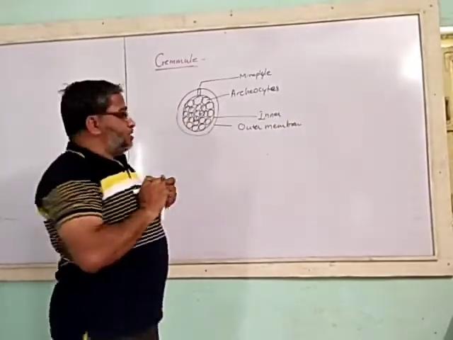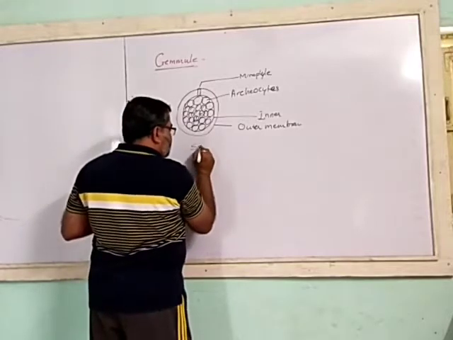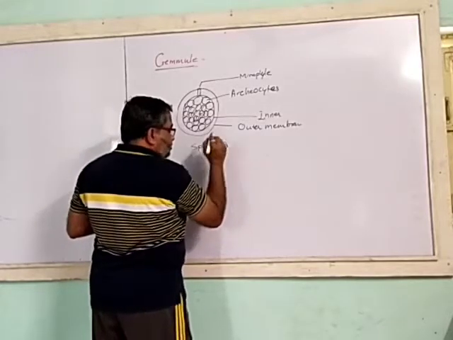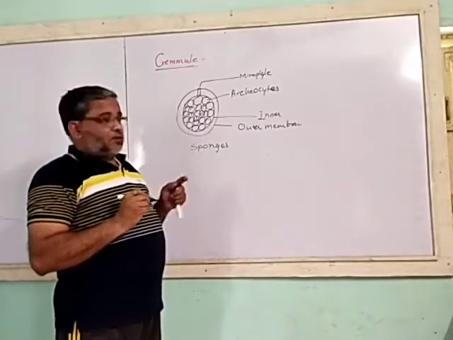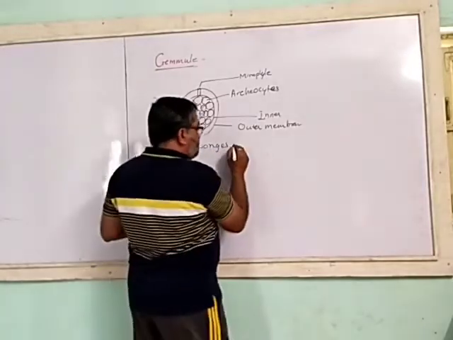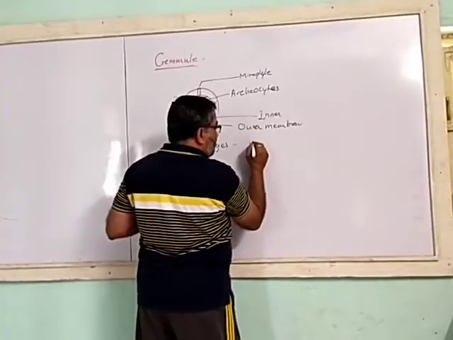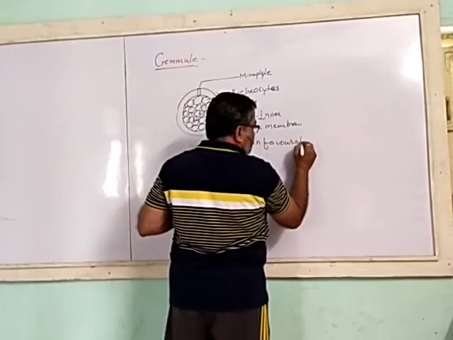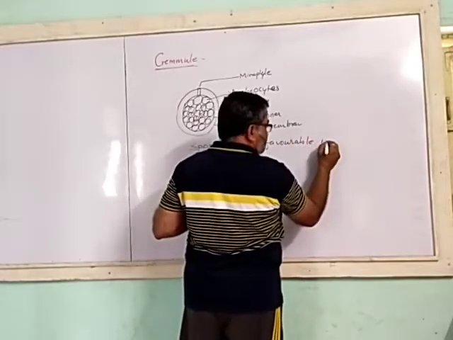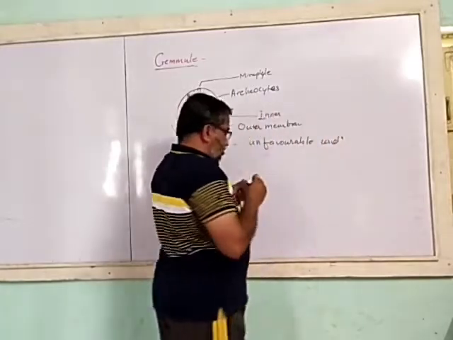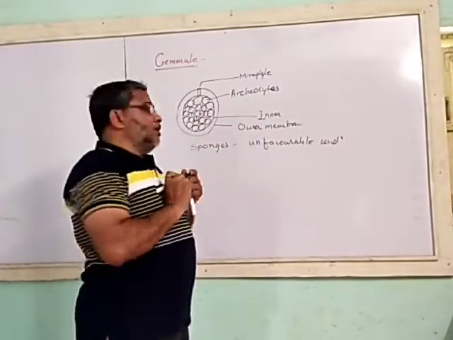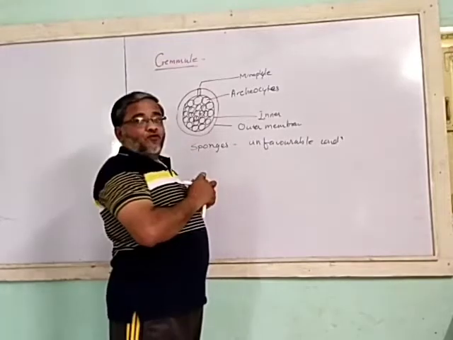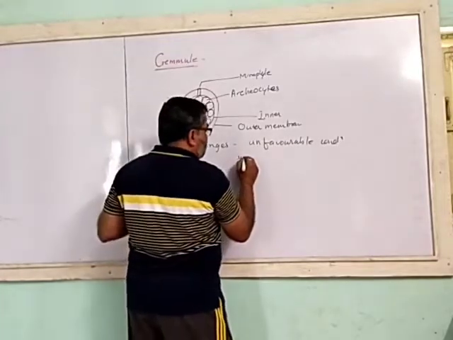Now these gemmules are produced by sponges during, yes, the important thing, unfavorable conditions, unfavorable conditions of water and temperature.